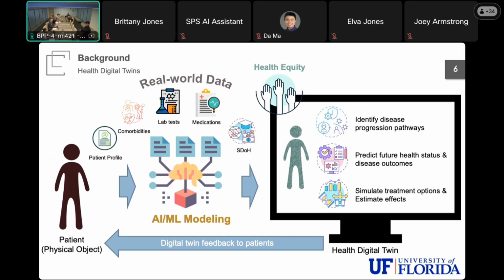More importantly, it can simulate treatment options or estimate the treatment effects. Moreover, as a healthcare tool, health digital twins also provide unbiased functionalities to everyone who needs it, thereby advancing the health equity purpose.